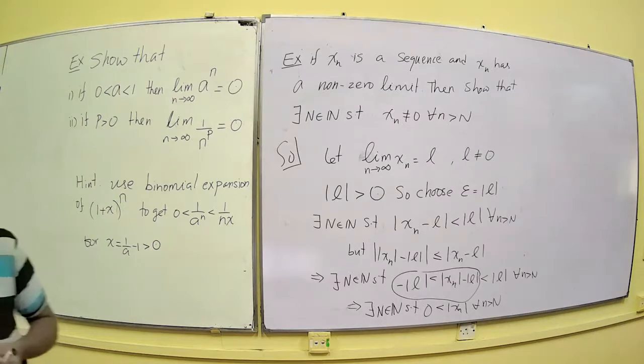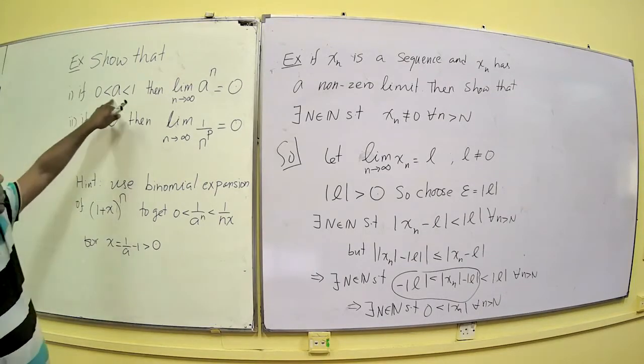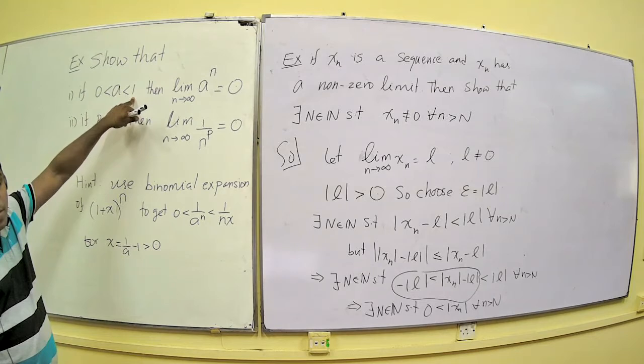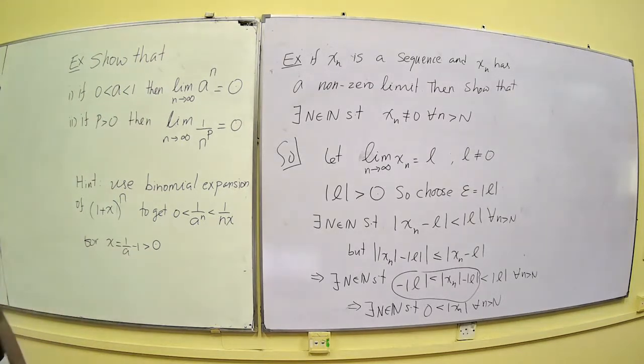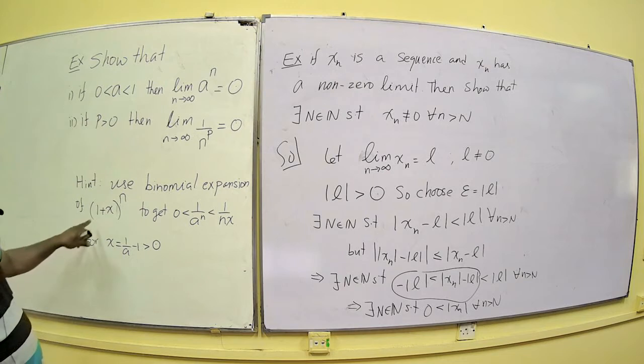Okay, so the hint is this: you try to get x as 1 upon a minus 1. Because a is between 0 and 1, 1 upon a is bigger than 1. So 1 upon a minus 1 is bigger than 0, right?